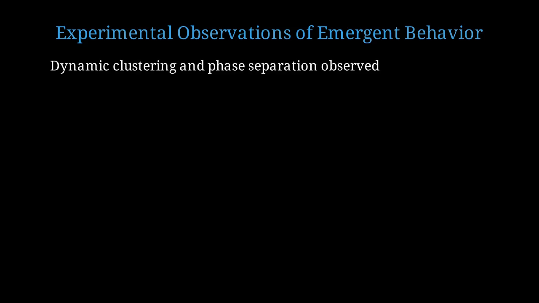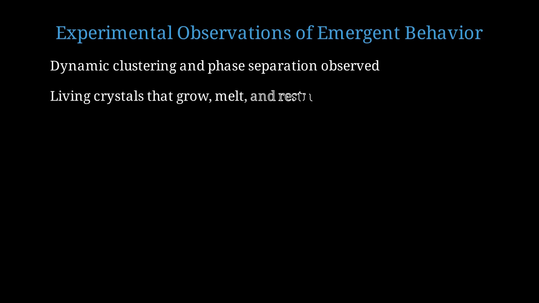Let me describe some specific experimental observations that showcase the richness of emergent behavior in these systems. Researchers have observed dynamic clustering, where particles spontaneously aggregate and disaggregate. This looks like phase separation, with dense liquid-like clusters coexisting with a dilute gas-like phase.